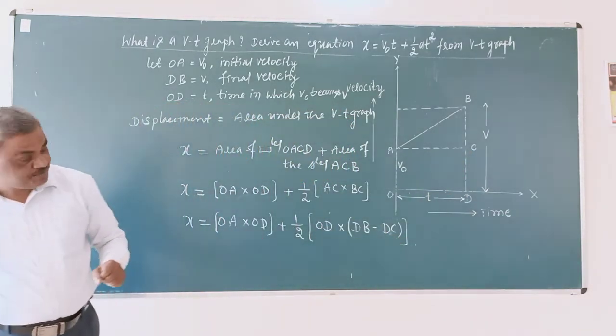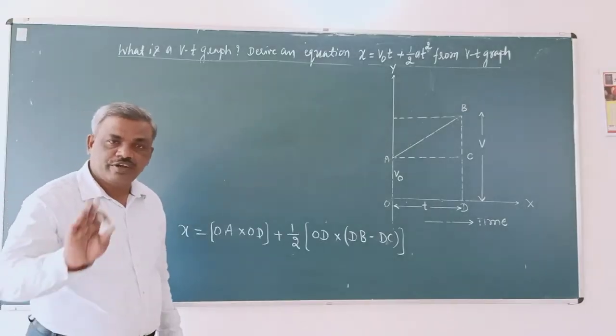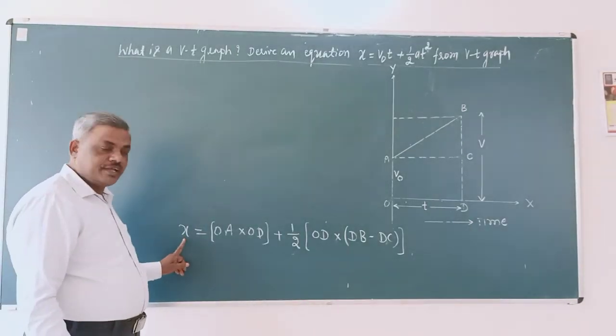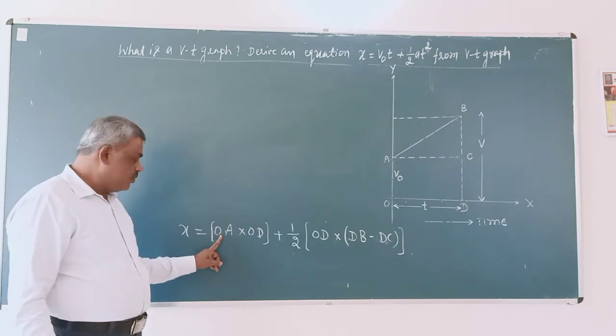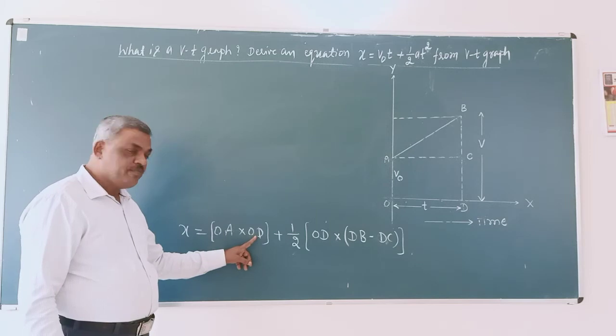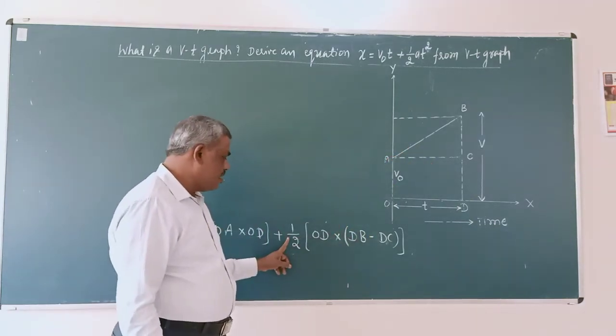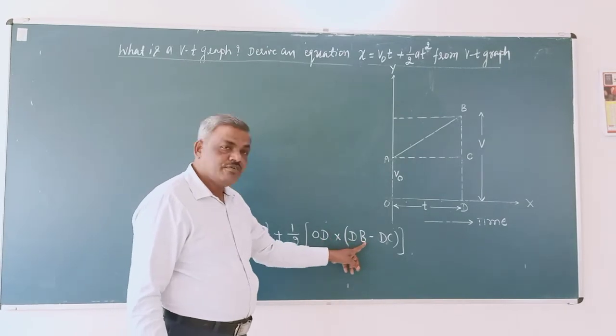So the displacement x equals OA into OD, the area of the rectangle, plus the area of the triangle, base into height.